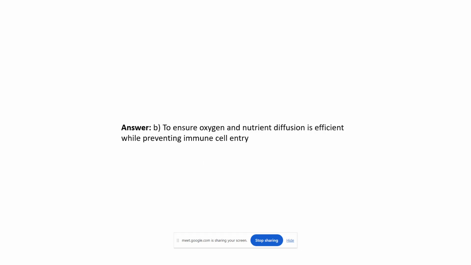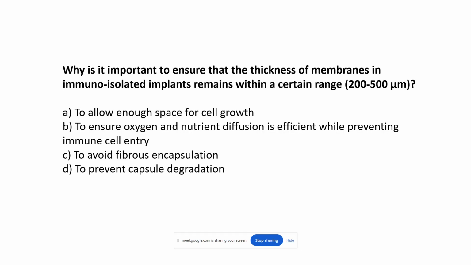So we have this certain range of thickness to ensure proper diffusion of oxygen and nutrients across, and it prevents immune cell entry into the implant where cells are encapsulated.